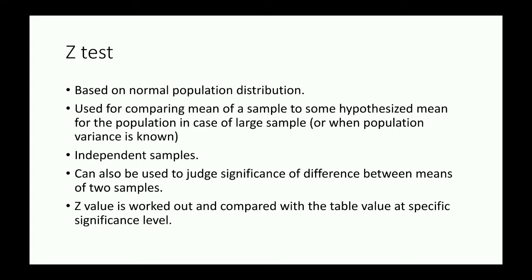Suppose there is a production going on for nuts and bolts, and you want to check the quality assurance. Suppose you fixed the quality assurance mean at 9.5 out of 10, so your hypothesized mean is 9.5. You want to check whether the actual mean is the same as or statistically different from the hypothesized mean. You have to conduct a z-test in such a situation.